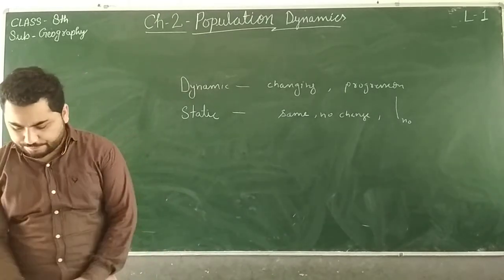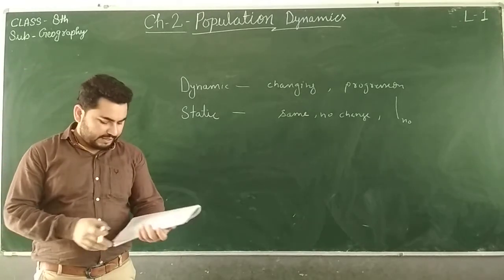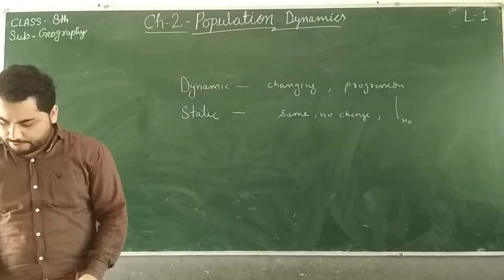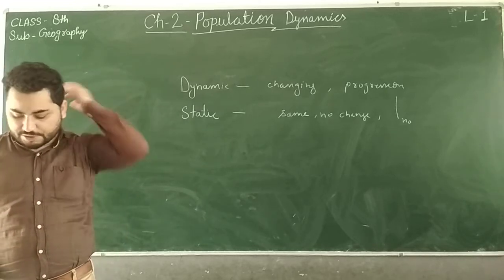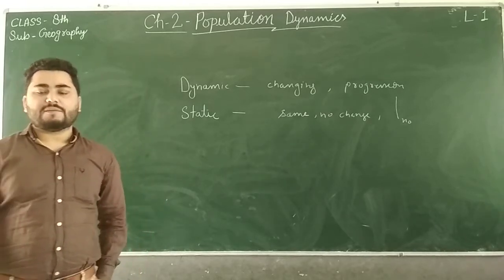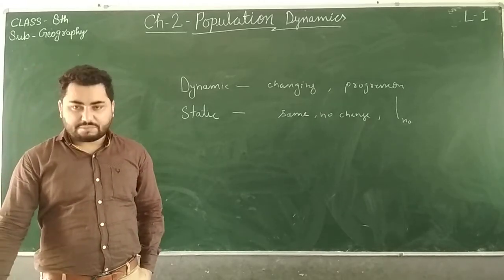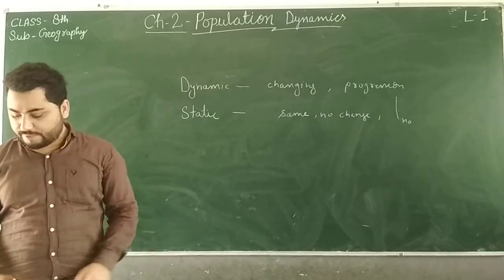So in this chapter we are going to study population dynamics. We will study the distribution of population in the world. Then we will study factors affecting population, like topography, suitable climate, water availability.